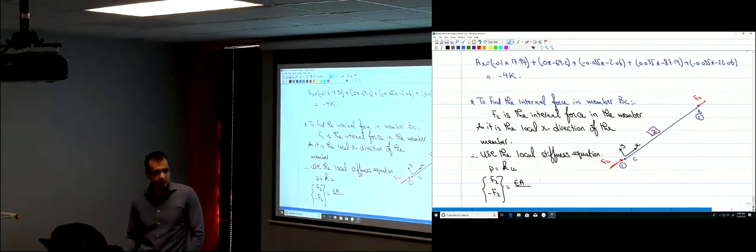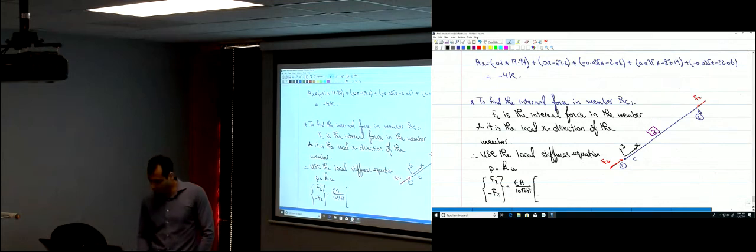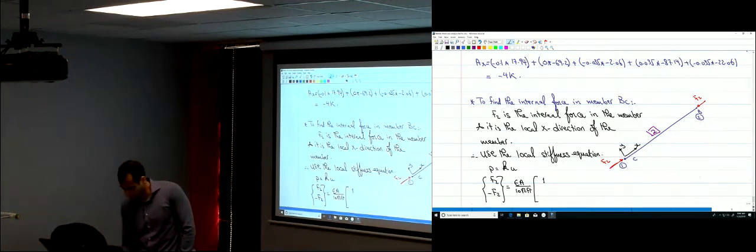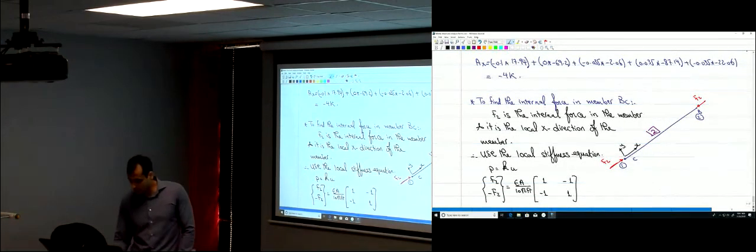How much is the length of that member? 10 square root 2 feet. And then you have the matrix 1, negative 1, negative 1, 1. That's the local stiffness matrix for an element, multiplied by the local displacements.